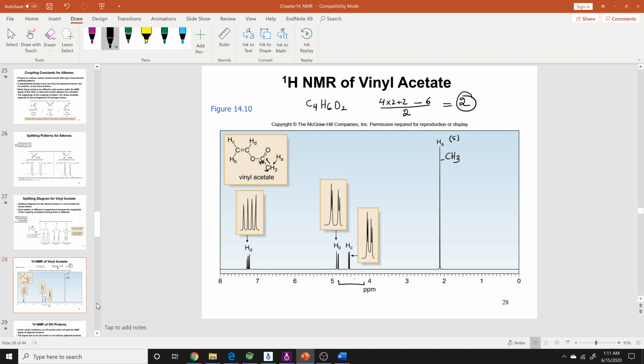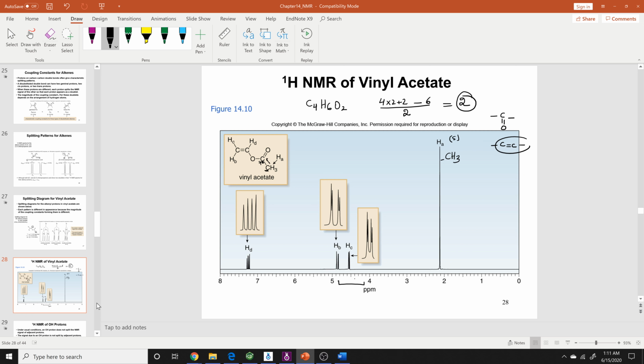Normally, when the DBE is different than 0 and you have an oxygen in there, you immediately have a carbonyl. Okay? You immediately have a carbonyl. So I know that one of the degrees of unsaturation is a carbon double bond O. I should have another one, and this is why the other one is a carbon double bond carbon.